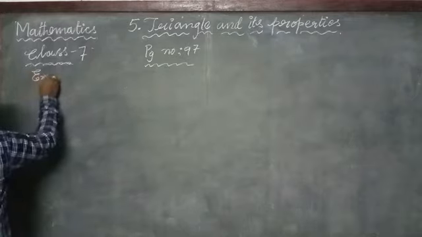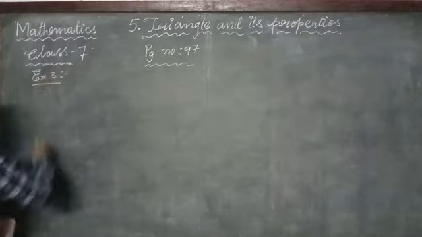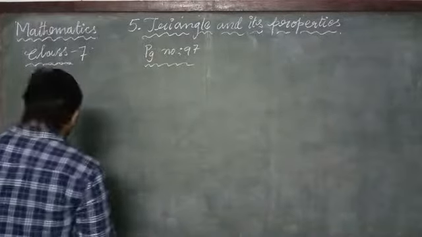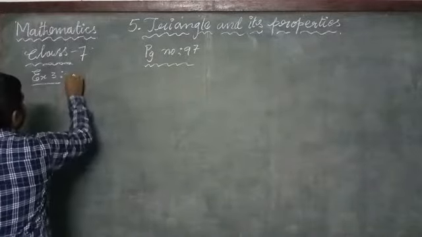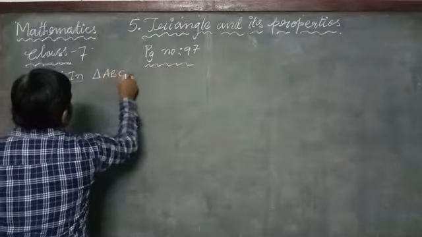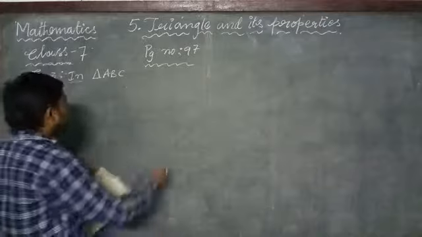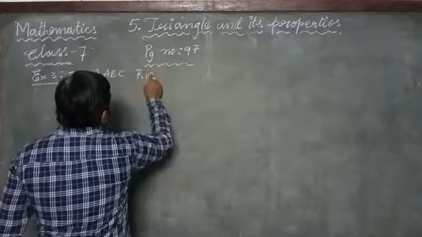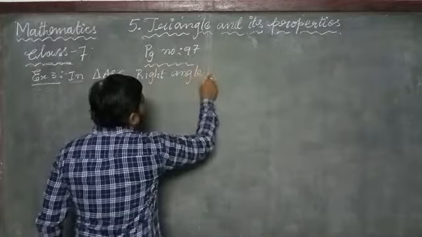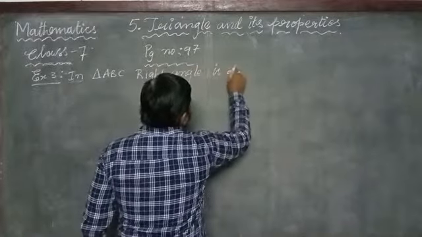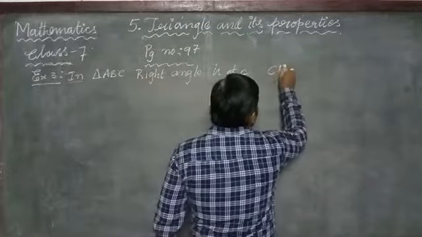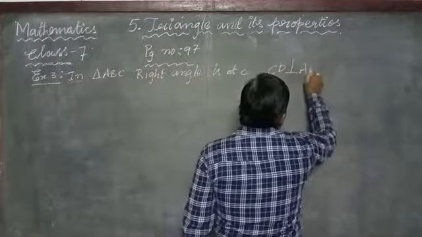Example 3. Triangle ABC, right angle is at C, and CD is perpendicular to AB.